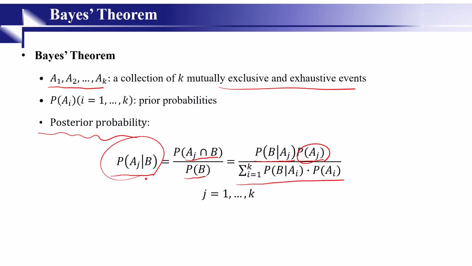This is called the posterior probability, right? And this P(B) that we have here often comes from the law of total probability.